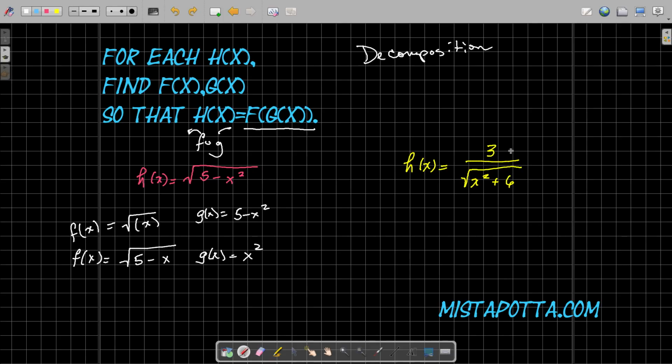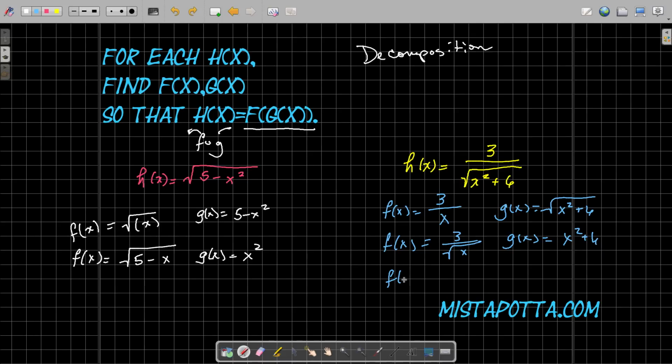I've got h of x equals 3 over the square root of x squared plus 6. So one way that I could decompose this is I could say f of x is 3 over something, and that something is the square root of x squared plus 6. I could just as easily have said that f of x is equal to 3 over the square root of something, where that something is the expression x squared plus 6.